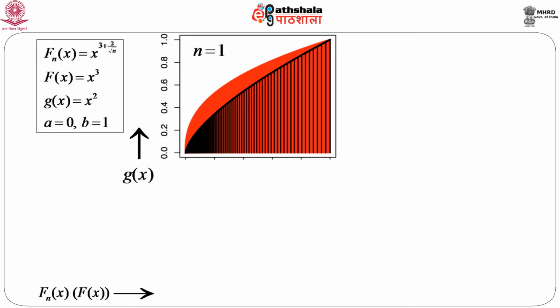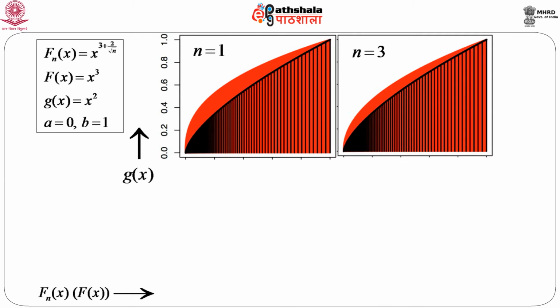If we plot, this is the curve and the red shaded area is nothing but the area under this curve, and this black curve gives us the integral g x with respect to f x. So, this area shaded by black color is nothing but the area of the curve g x under capital F x. You see when n equals 1, there is a substantial difference between these two areas, and this part is not covered by the black shade.